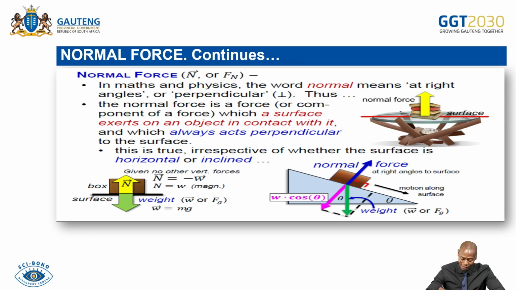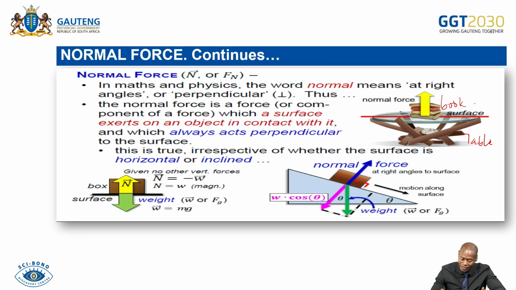Look at this. There are books on top of the table. So here we have the table, and then these are the books. When we talk of the normal force, that is the force exerted by the surface on an object that is in contact with it, and this force always acts perpendicular to the surface.